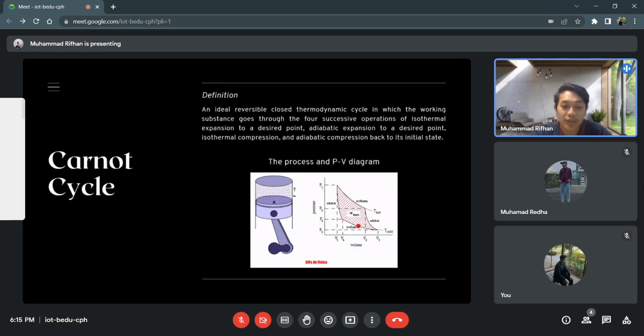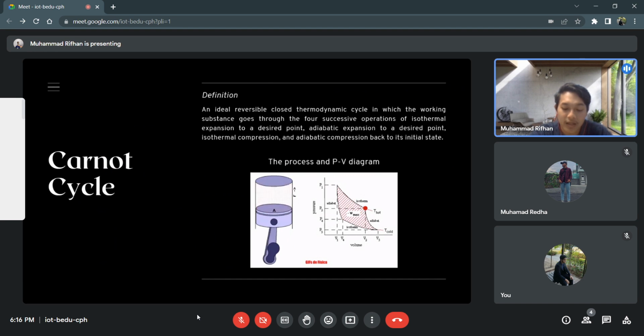So I'm going to share with you three cycles, which are Carnot cycle, Brayton cycle, and Rankine cycle. So the Carnot cycle is defined as an ideal reversible closed thermodynamic cycle in which the working substance goes through four successive operations.